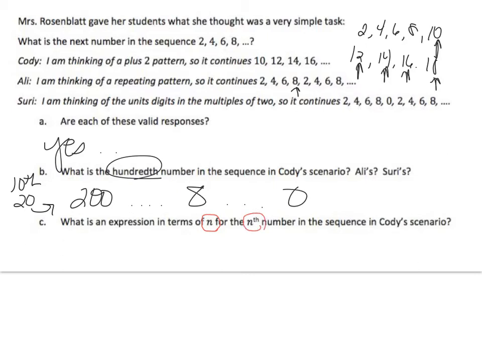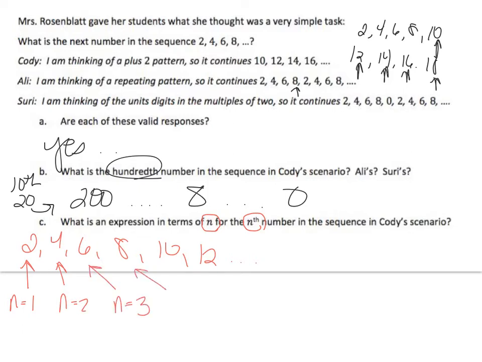Well, if I look at Cody's scenario, I have 2, 4, 6, 8, 10, 12, etc. This is the first term, the second term, the third term, the fourth term, etc. So if I were to write an expression for this, it could be just plain old 2n.